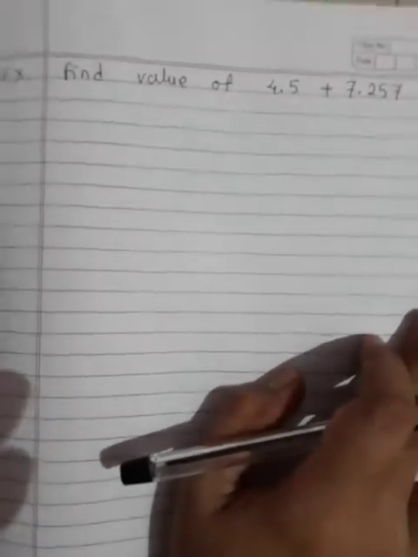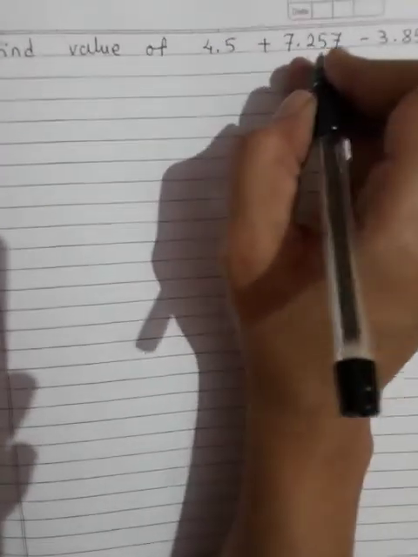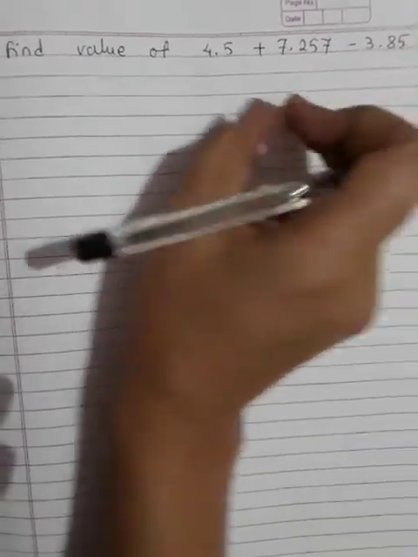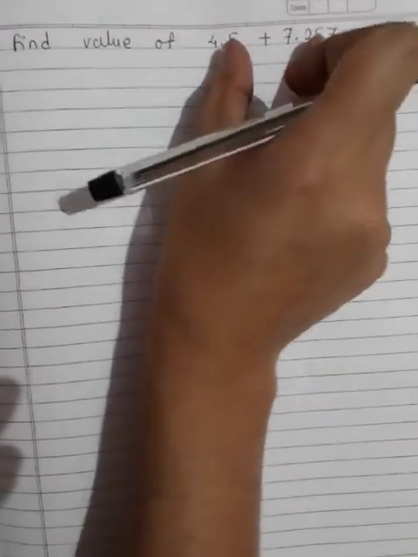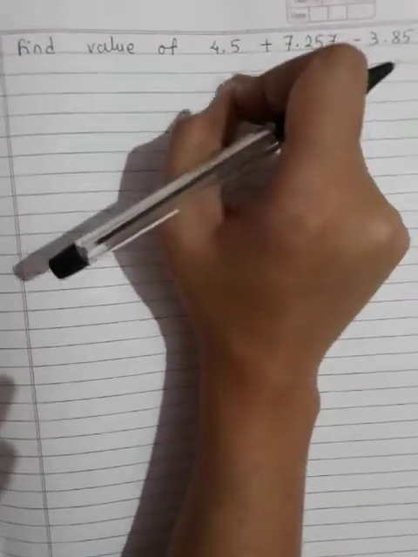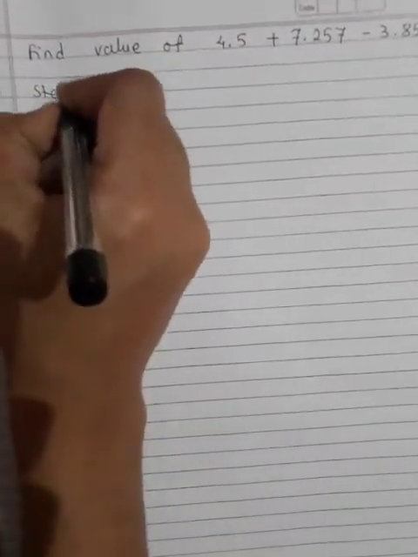Whenever such types of examples are there, how will we solve them? So you observe that here we first have to add these two numbers and then subtract this number from their sum. Okay, so our first step is to add these two numbers.